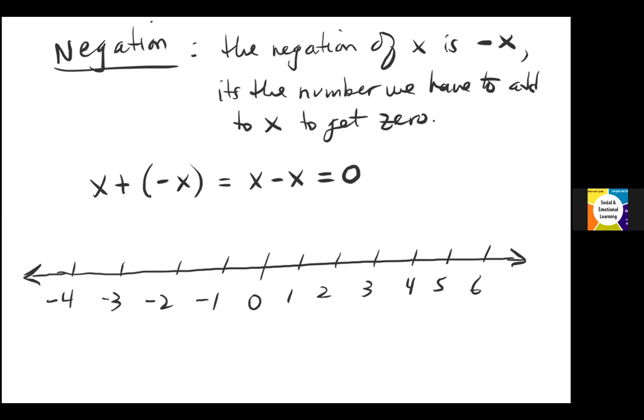This is an important idea to think about the idea of negation. So if we wanted the negation of 4, that's going to be -4. And if we added 4 to -4, we're going to get 0. That's going to bring us back to 0 there. So we could say 4 plus -4 is going to equal 4 minus 4, which is 0.